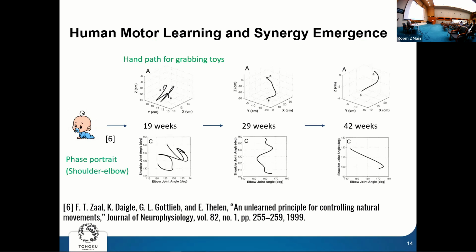When we look at the joint coordination, initially the elbow and shoulder move independently, but somehow he finds a synergetic way of using joints. Finally, it's very aligned between the shoulder and elbow. So he finds it's very efficient to move the elbow and shoulder together. This is one reason why we employ synergy and find optimal motions.